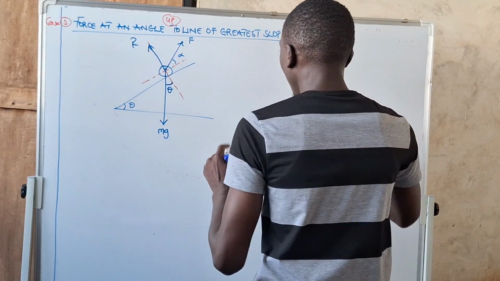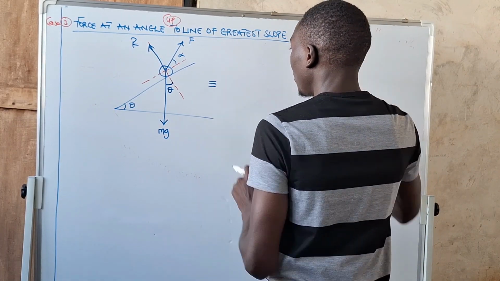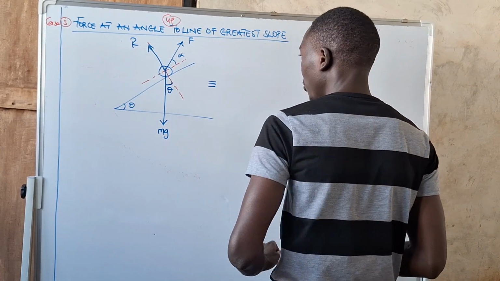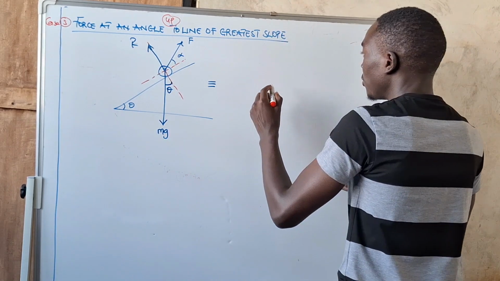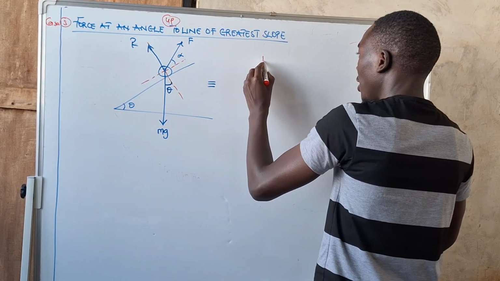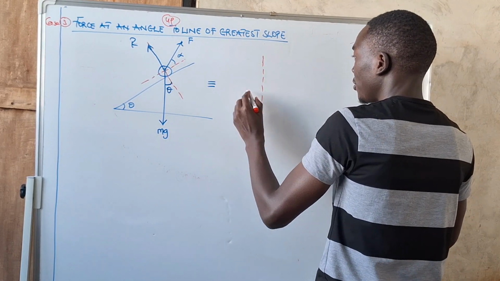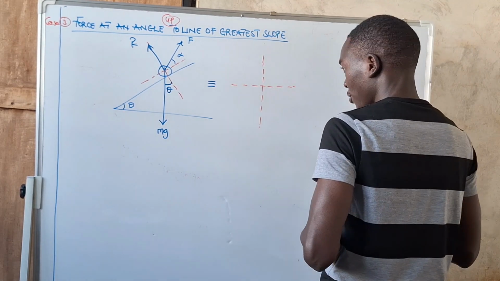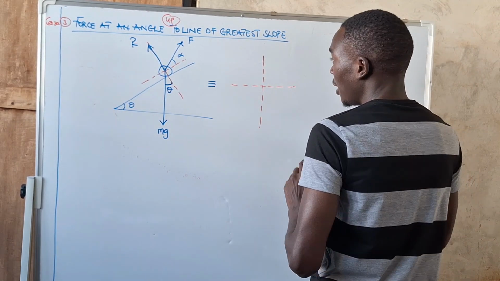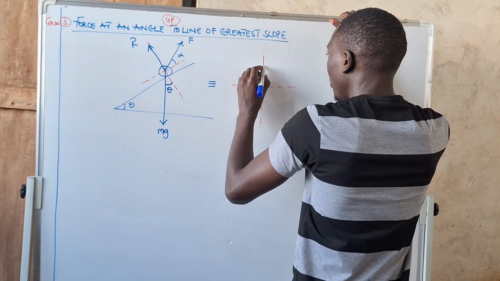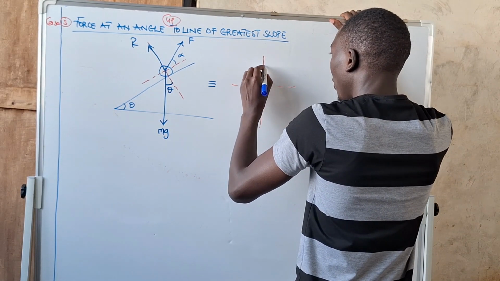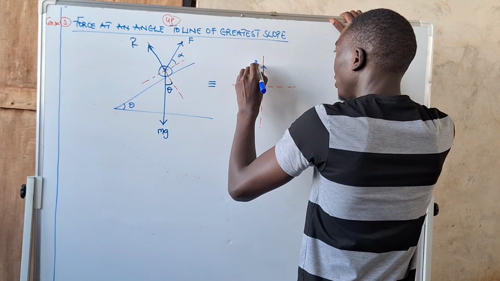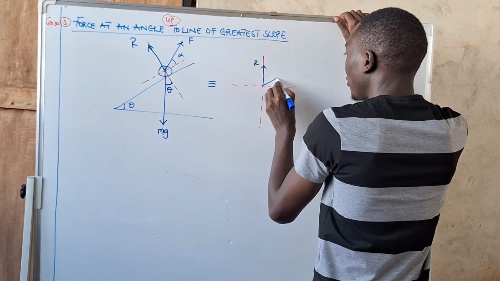Okay, so as for starters, you can always come to this and reproduce it. Reproducing it, you start from the fact that we have both the axes, vertical and horizontal. Now, alongside the vertical, that's where we have our reaction, R. Then over here, we have our force.